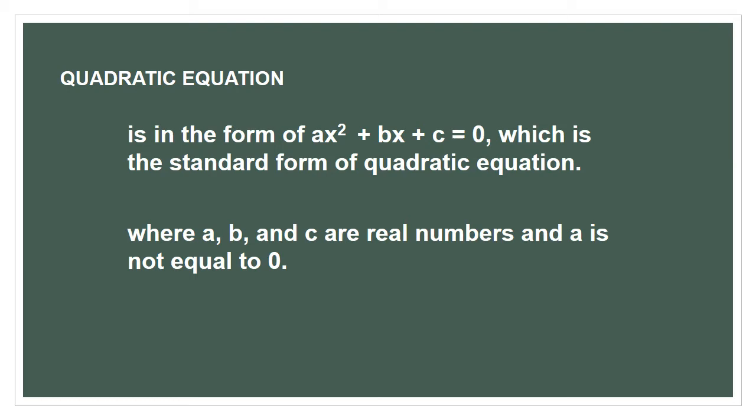Okay, make sure ang a is not equal to 0 kasi pag naging equal to 0 yan, mawawala yung ating x squared. So, a kung naging 0 ay magiging 0 times x squared, that is equivalent to 0. So, ang matitira na lang natin is bx plus c, which is an example of linear equation.